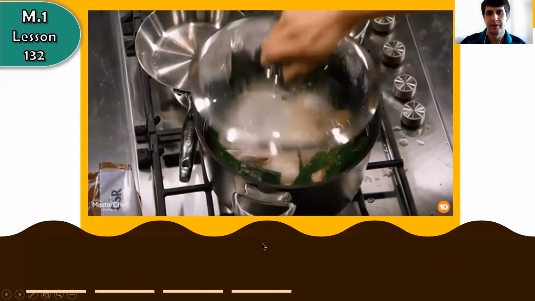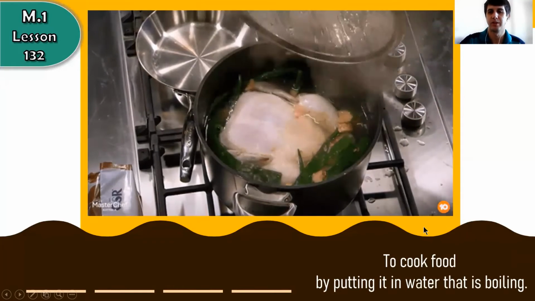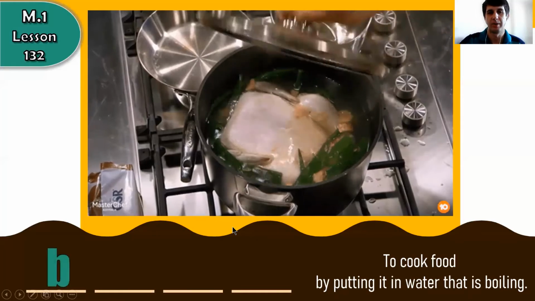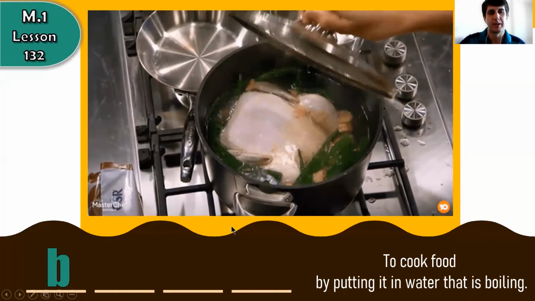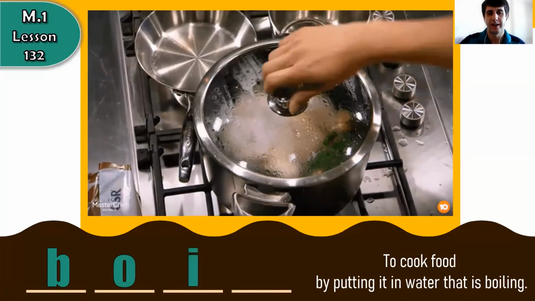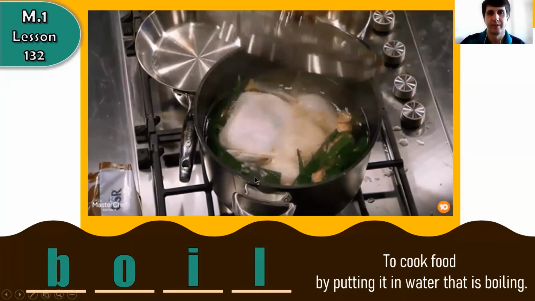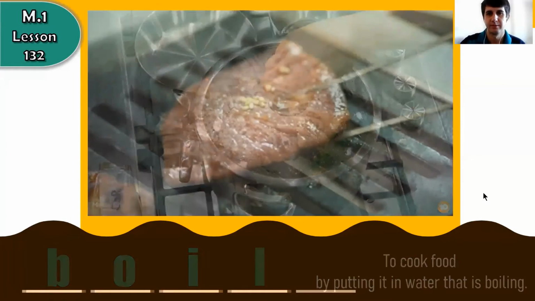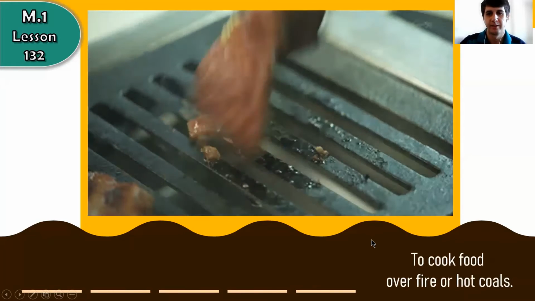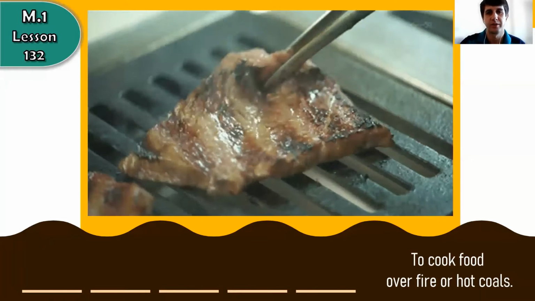What about this one? Do you remember from yesterday? Cook food by putting it in water that is boiling. Boil. How do we spell boil? B-O-I-L. Boil. What about this? To cook food over fire or hot coals.